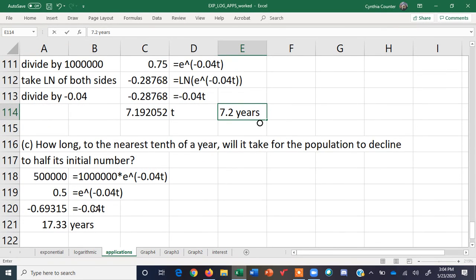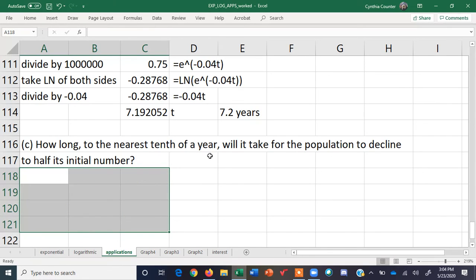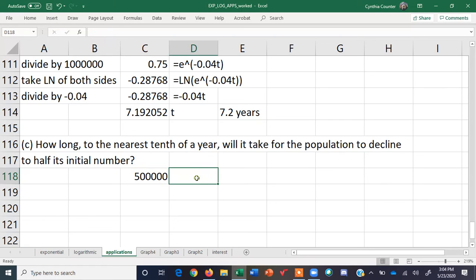How long till half the original? Let me delete this. Let's do this again. How long to the nearest tenth of a year will it take for the population to reach half its initial number? Well, if it started at 1 million, half is 500,000 equals 1 million times e to the negative 0.04t.